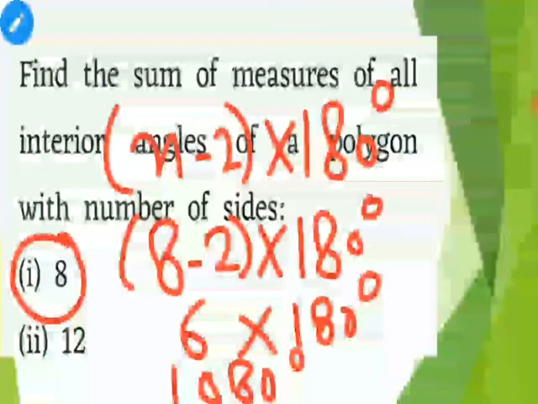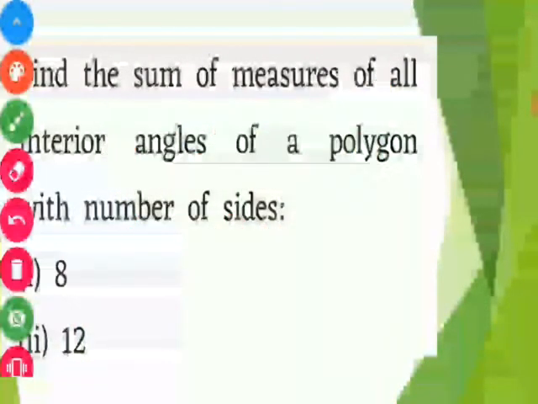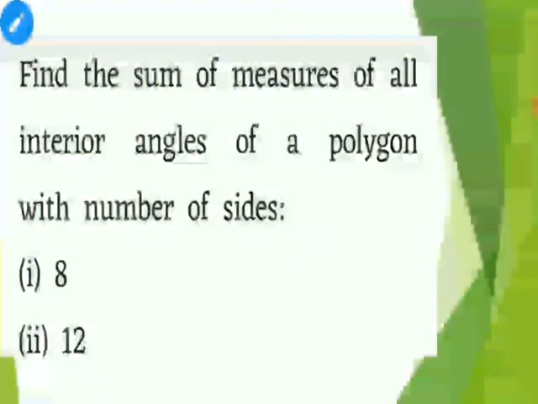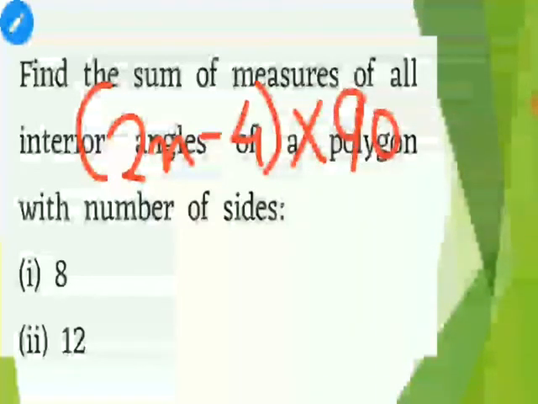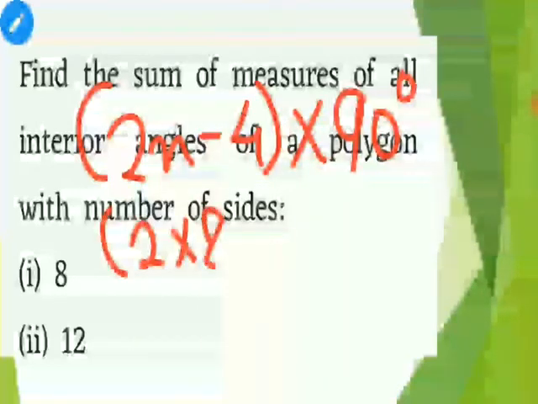Another way to solve the same question is with the formula (2n minus 4) multiplied by 90 degrees. Here the value of n is 8. So 2 multiplied by 8 minus 4, into 90 degrees.